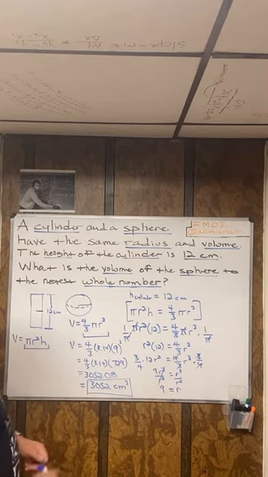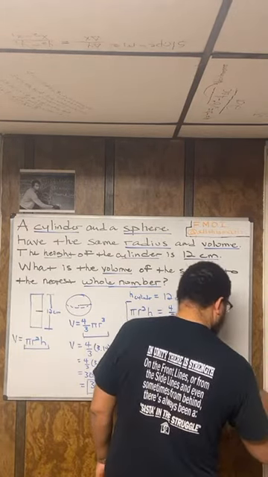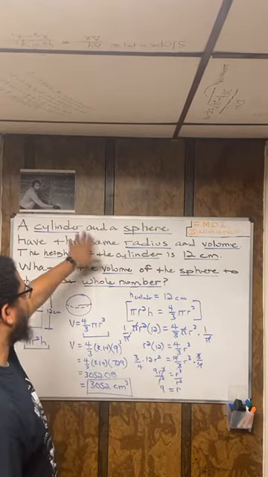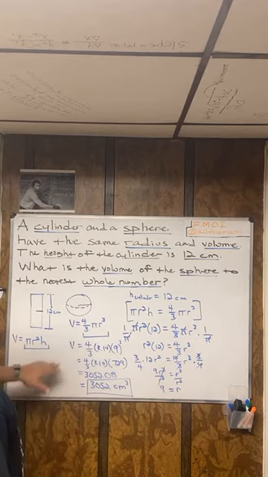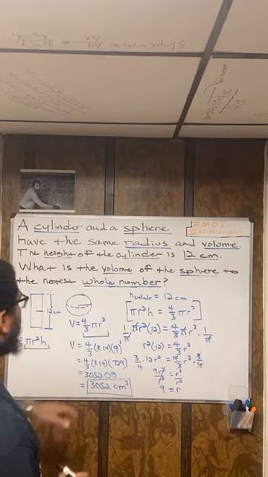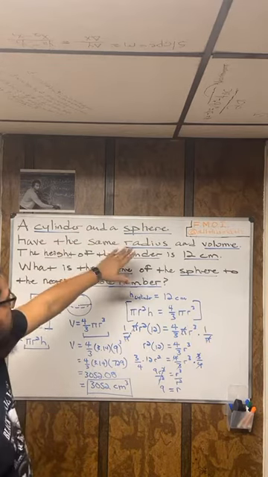Now, what if I wanted to check my work? How would I even do that? I could check my work by going back into the problem and taking this answer, making sure that it makes sense. Because it says that the volume of the cylinder and the sphere are the same. They have the same radius and volume.